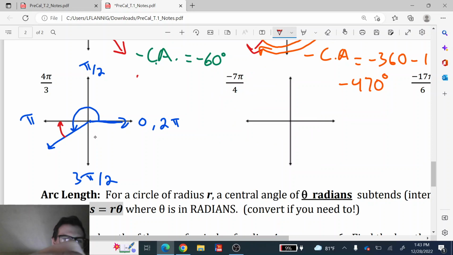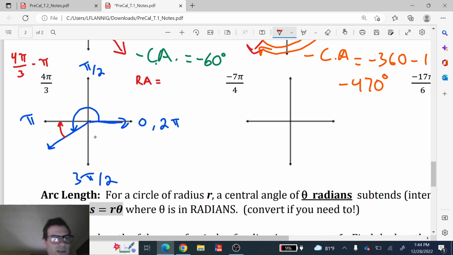How do you get to pi? I know I need 4 pi over 3, then I would subtract pi from that, because that's what you're trying to get to. And then you're left with pi over 3. That is the reference angle, pi over 3.